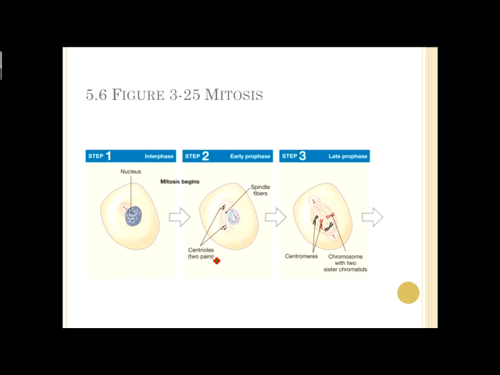Alright, so this is mitosis, and I'm going to talk you through this. There's some reading as far as the prophase section, telophase section, and anaphase section, not specifically in that order. So, nucleus, this is interphase. This is where it spent most of its life. It's now making parts so that it can become two cells. Mitosis begins.